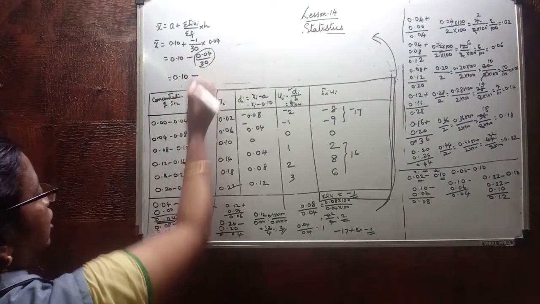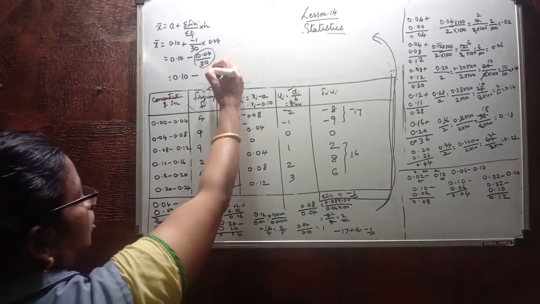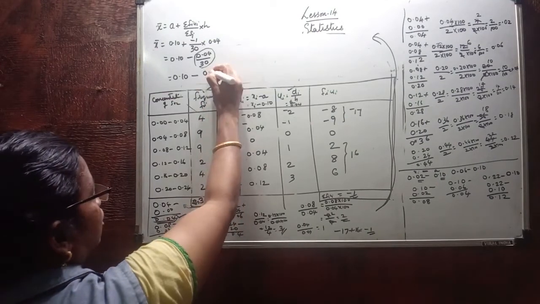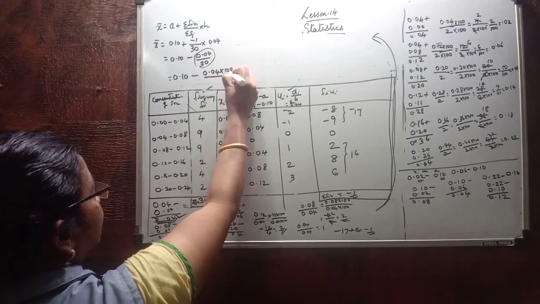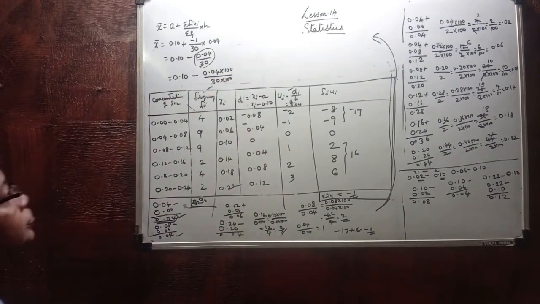0.10 minus 0.04 by 30. We are going to convert to decimal point. So here after the point, 2 digits are there. So 0.04 into 100 divided by 30 into 100.